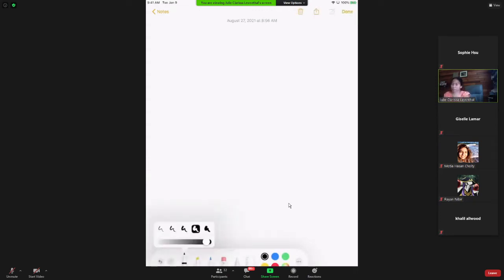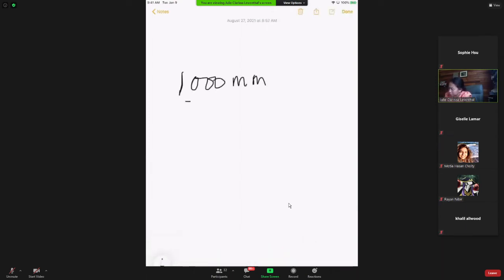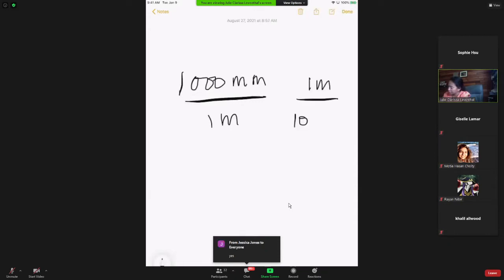Okay. What was it? 1,000 millimeters over 1 meter. Can you see what I'm writing? Versus 1 meter over 1,000 millimeters. Can you see what I'm writing?